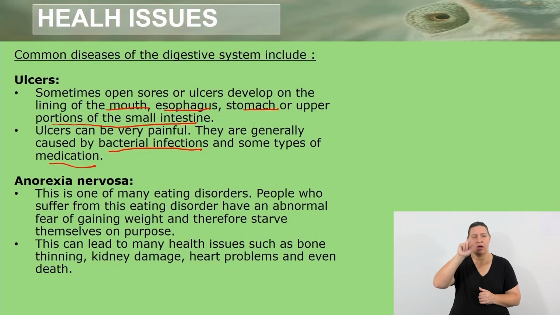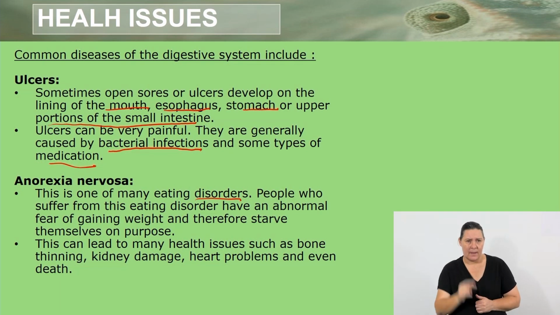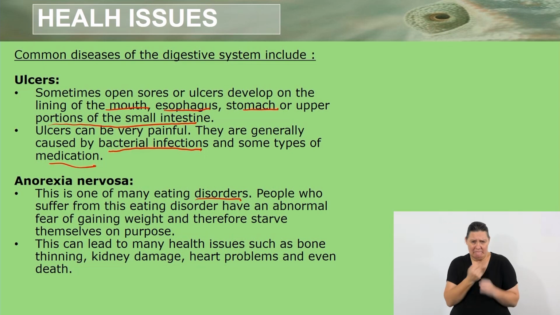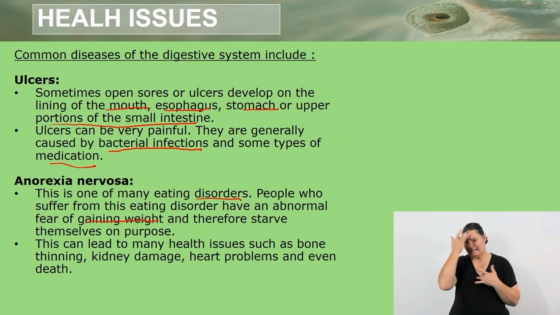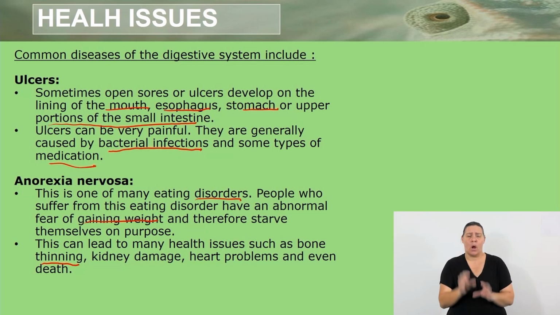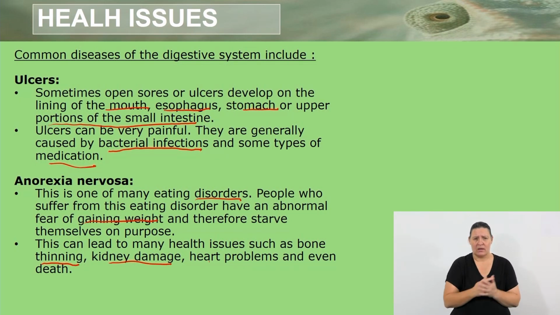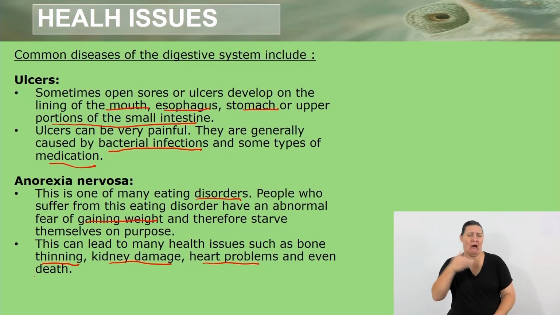The second one is anorexia nervosa. So here we are speaking about a disorder where people have a deep fear of gaining weight. So it says here, people who suffer from this eating disorder have an abnormal fear of gaining weight. They don't want to gain weight. So this can lead to many health issues such as bone thinning, kidney damage, heart problems, and even death.